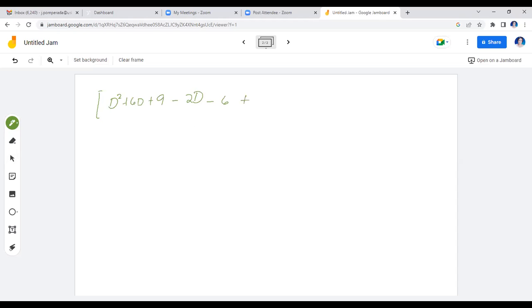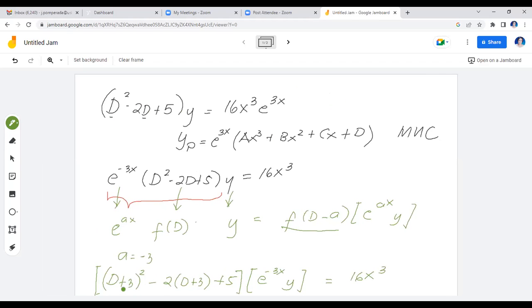And you have here plus 5. And still copy your hybrid unknown function, and you have here 16x cubed. I hope you can follow what I did. So I just got this one, expanded this, and multiplied it to this.